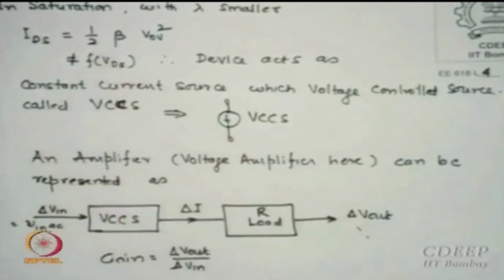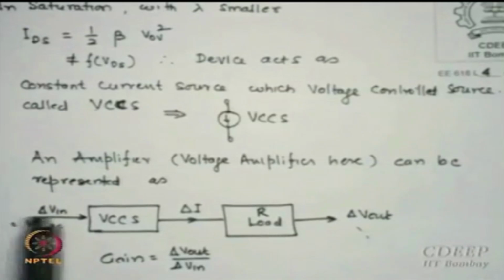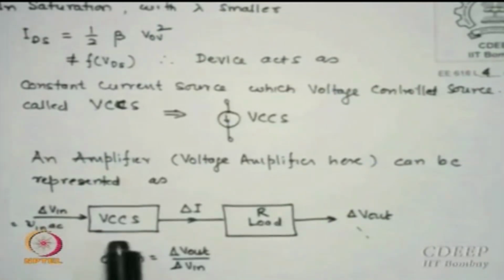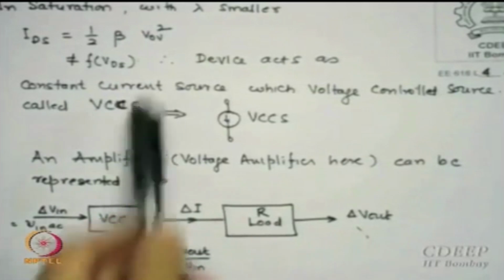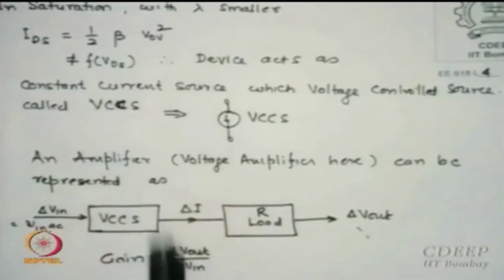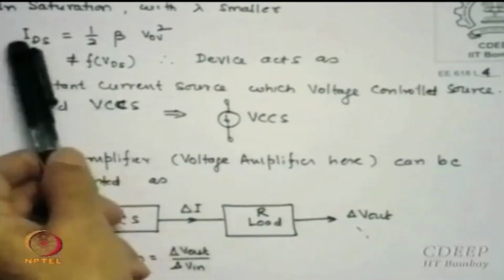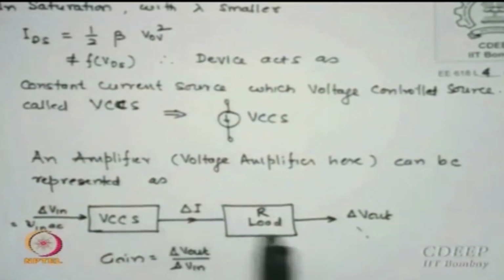However, if you look at this expression, you can see it is like a voltage controlled current source. A typical amplifier has a schematic diagram where I put an input AC, which is essentially delta input, delta changes of gain. I pass it through a VCCS, that is VGS minus VT, which converts into a change in current, and this current then passes through a load which gives me the output voltage V out.